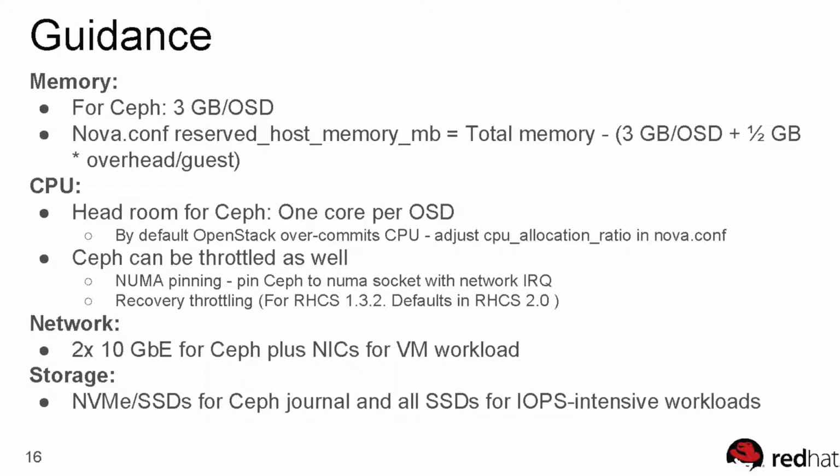And similarly for CPU, the two things you're trying to prevent are: you want to give Ceph what it needs, and at the same time you want to give guests what they need, right? So the headroom for Ceph is basically, let's say, 1 core per OSD. By default, OpenStack overcommits CPUs because it thinks that a node can run more instances because they're not going to be fully utilized.